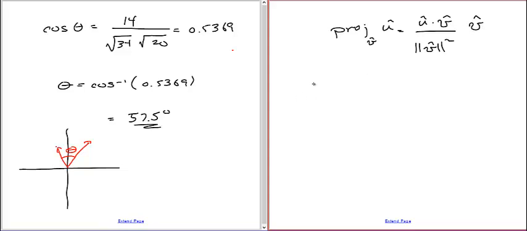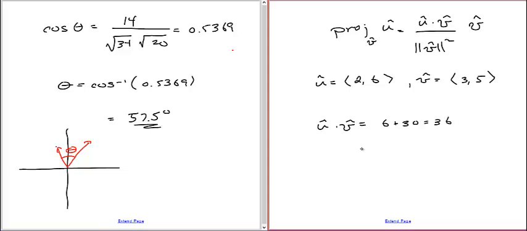So again, let's put what is u. U is 2 comma 6, v is 3 comma 5. So u dot v is going to be 2 times 3, which is 6, 6 times 5, which is 30.